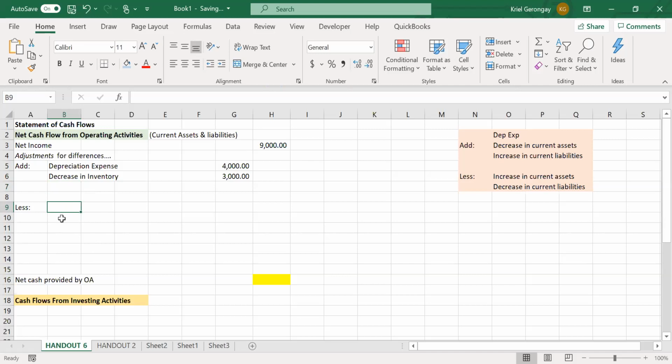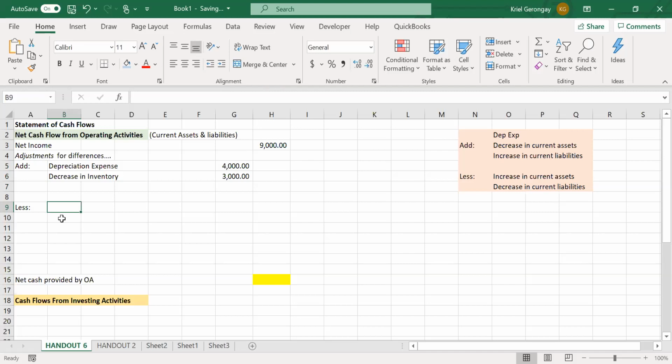And so do we have other stuff? We're good with the asset part because equipment is not really a current asset, right? So moving on to the liability. Your accounts payable decreased from 11,000 to 4,000.